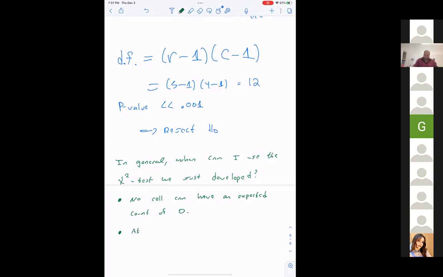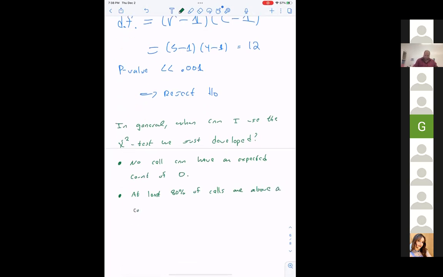At least 80% of cells are above a count of 5, above or equal, really.